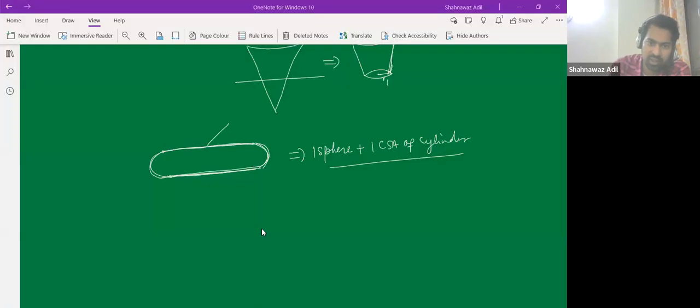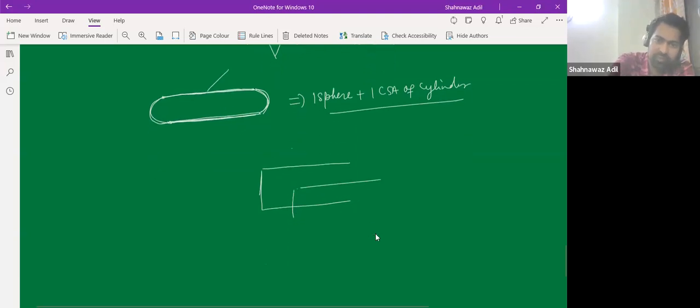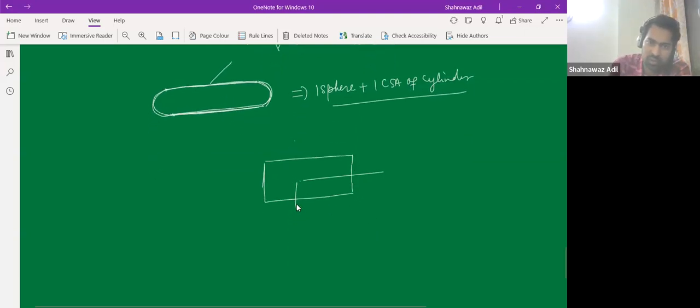I have this cube, and let's say a hemisphere is put on top of this cube, right?